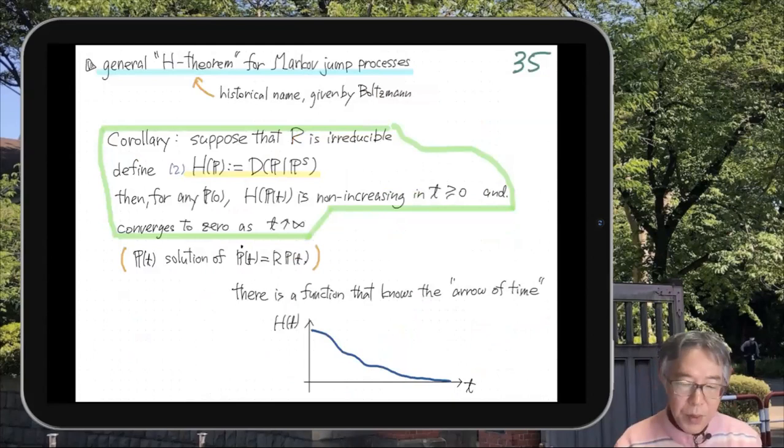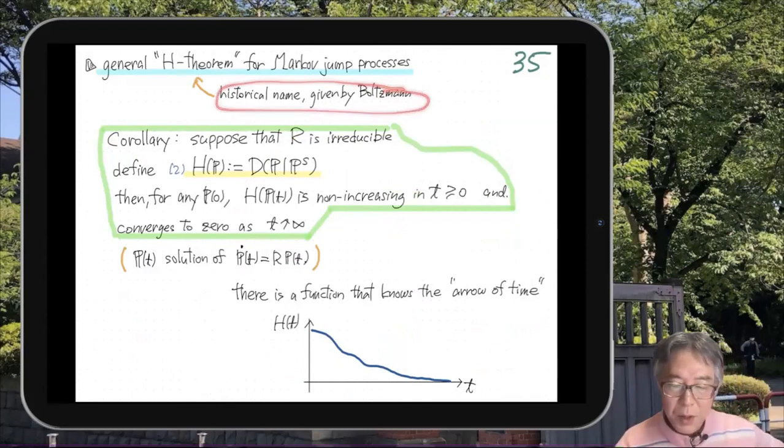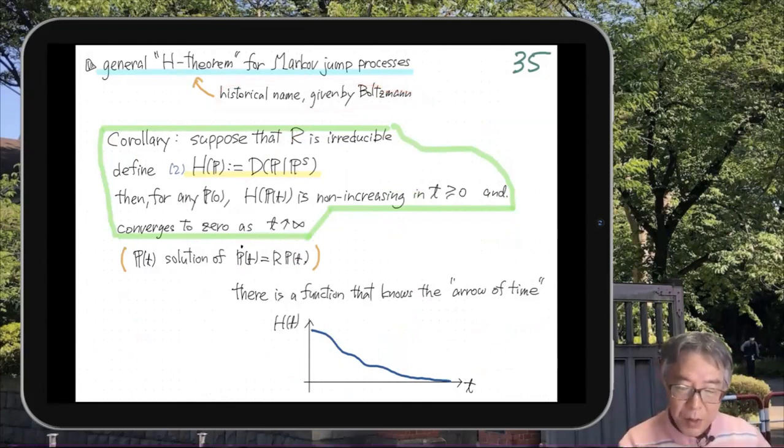Before proving this, I give an important remark about the H-theorem. The H-theorem is a historical name given by Ludwig Boltzmann long time ago. And here's the general H-theorem for our Markov jump process. You can show that there is a function which knows the arrow of time.